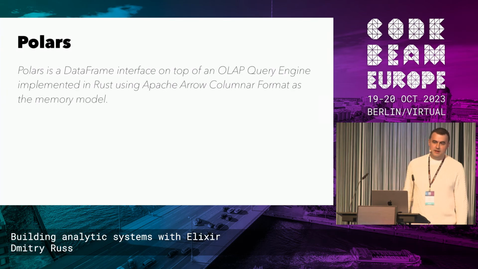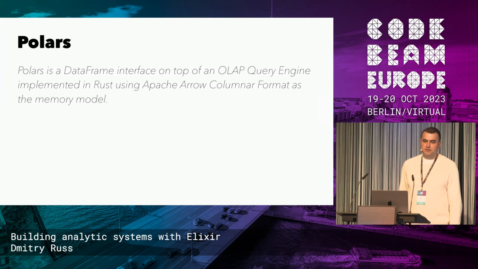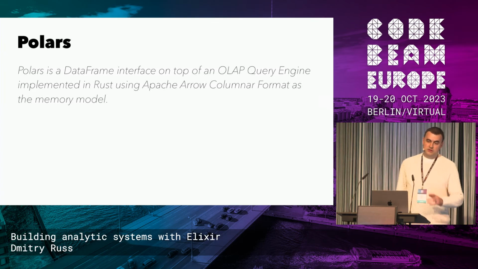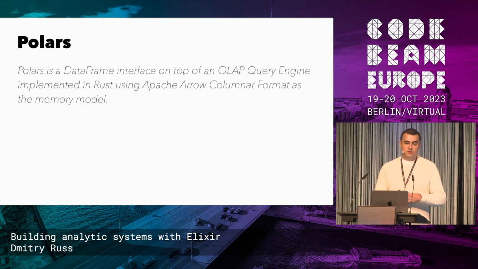One state-of-the-art option for this is Polars, a data frame interface on top of an OLAP query engine, implemented in Rust using the Apache Arrow columnar format. One note on the Apache Arrow columnar format: it is used by multiple technologies.